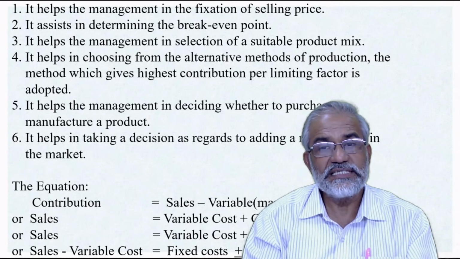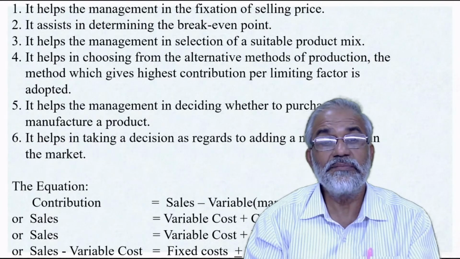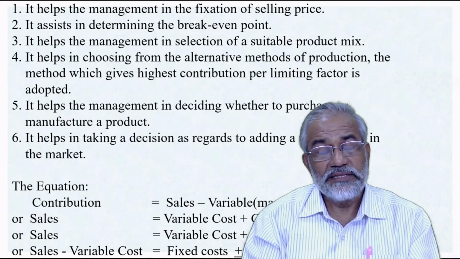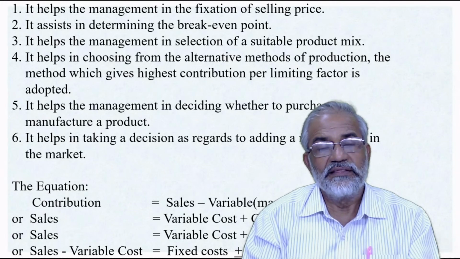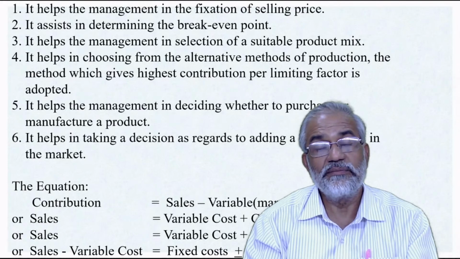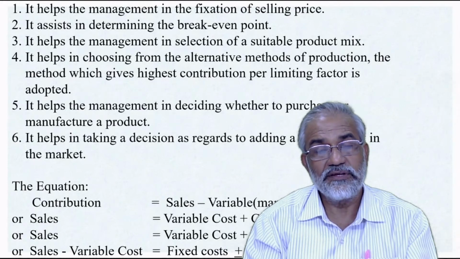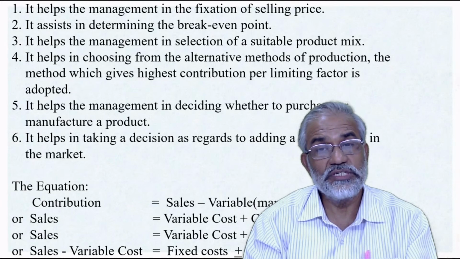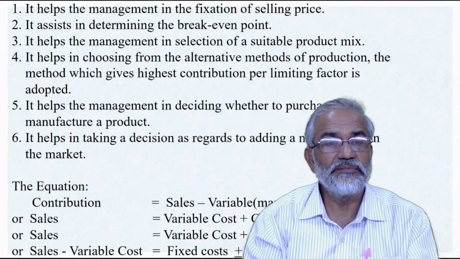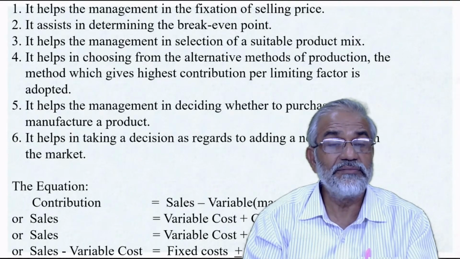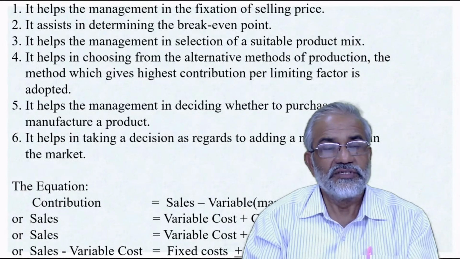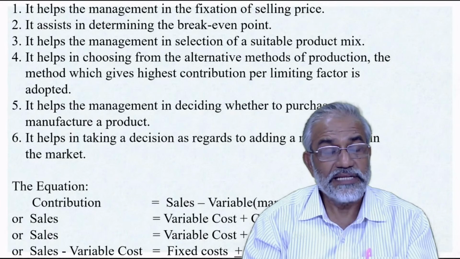When there are different choices left in the hands of the management as regards the method of production, each and every method has to be tried, and the method which gives the highest contribution, obviously that method would be the profitable method for the organization, and that method has to be chosen to be continued in the organization, and the other methods of production or other alternatives available in the hands of the organization need to be dropped or deferred. So that is the fourth advantage of contribution for the management.